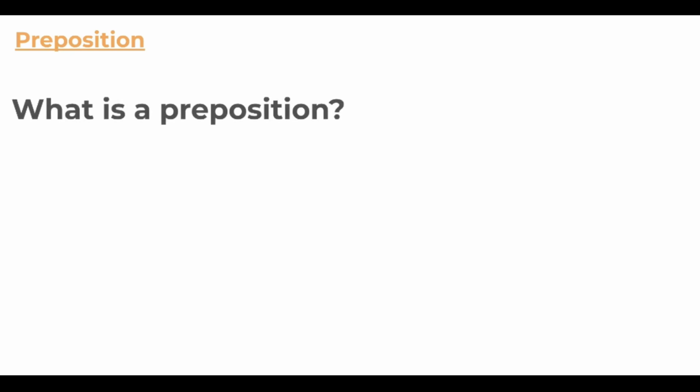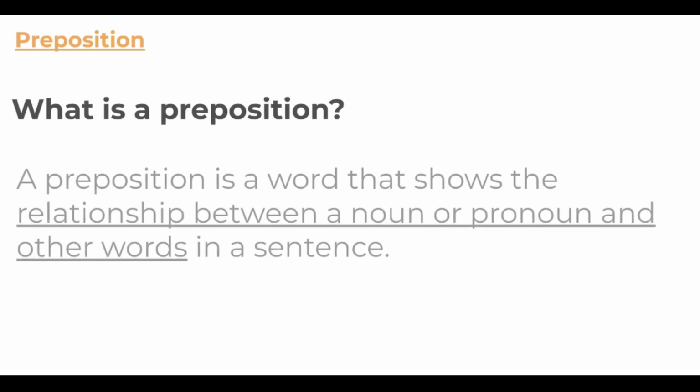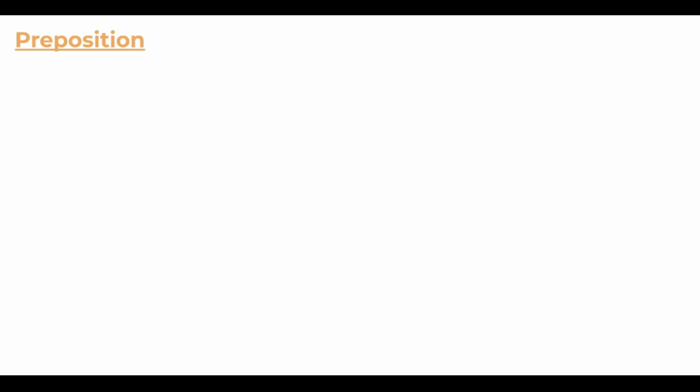We have prepositions. What is a preposition? Well, this is a word that shows the relationship between a noun, or indeed a pronoun, as we've now learnt about pronouns, and other words in a sentence. So this could be direction, this could be placement. We'll have a look at some examples together.